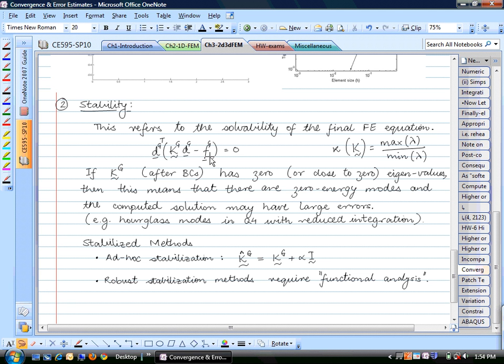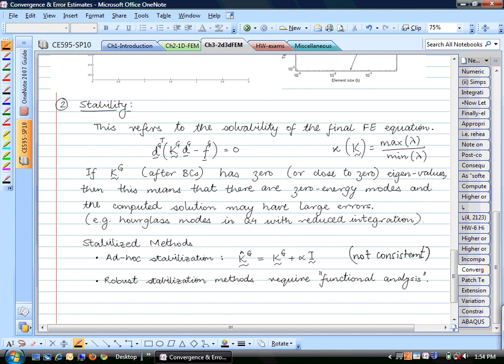You cannot just change your stiffness matrix, add a little component, and say it is stable, but the solution that you're calculating is not correct. So these types of methods are not consistent. Even though you have made your method stable, you have lost consistency.